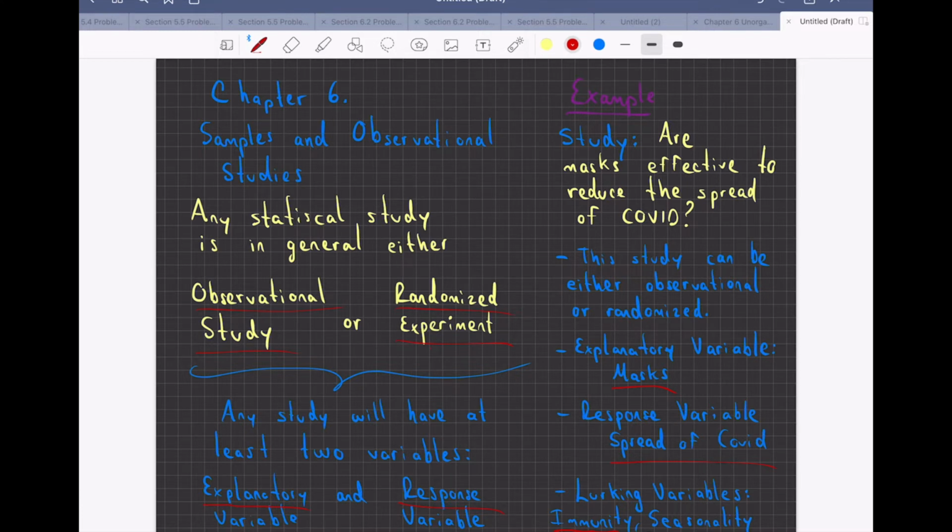Well, usually it's occurring between December and March. Okay? So in this case, for the COVID, these would be lurking variables. Maybe they are affecting the response variable, but we are not interested in these variables. How can we reduce the effect of these variables? Well, maybe with a random experiment.